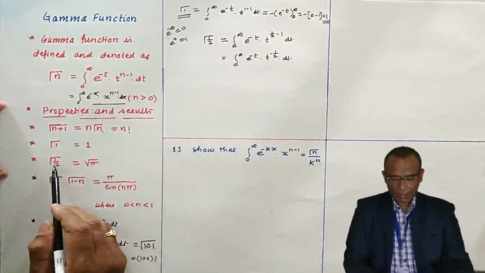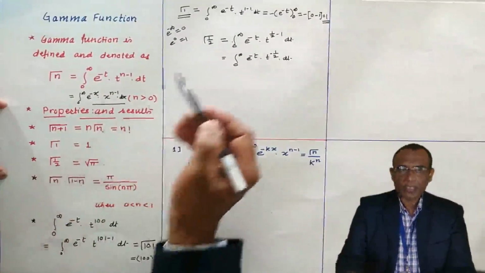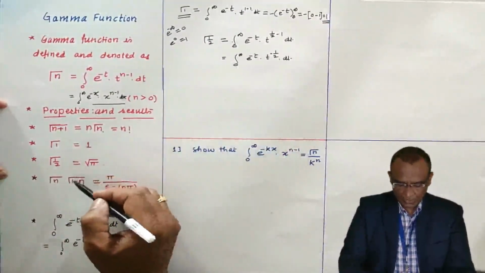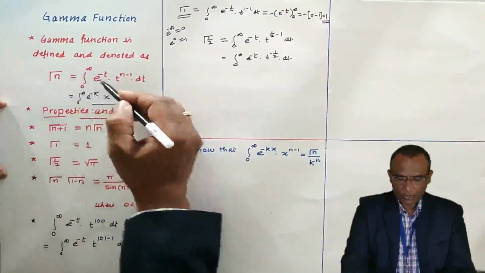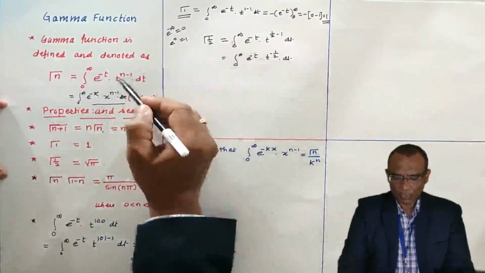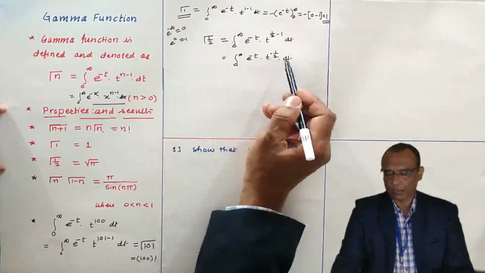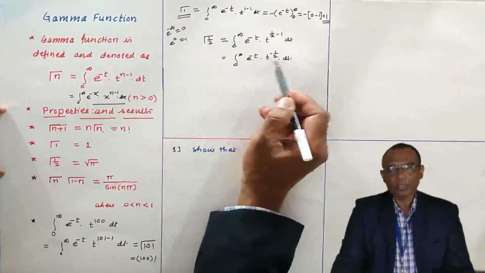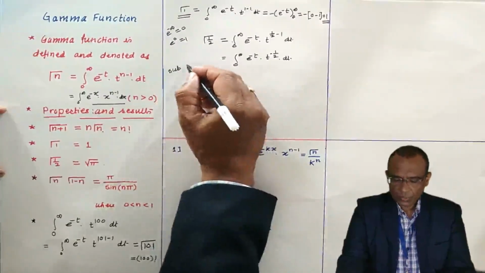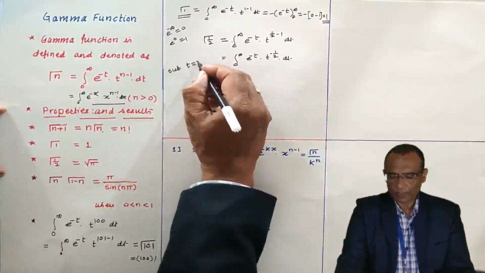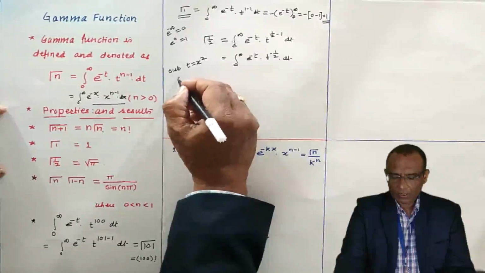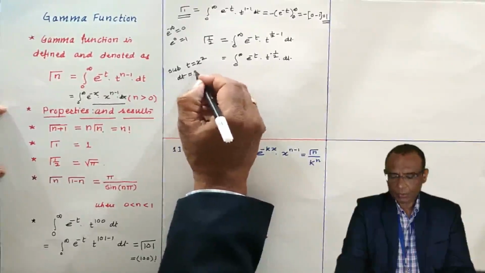In this way, gamma 1 by 2 is root pi. This can be proved in this way. Put n equal to 1 by 2. If you put n equal to 1 by 2, what will happen? We get the integral of e power minus t, t power 1 by 2 minus 1, dt. This integral can be solved by substituting t equals x square, and consequently dt will be 2x dx.